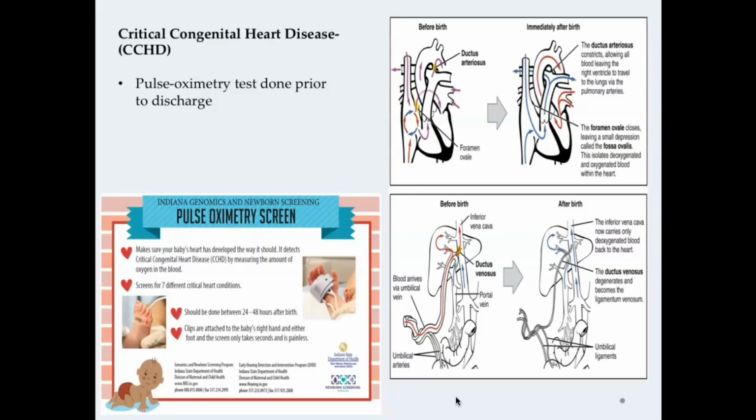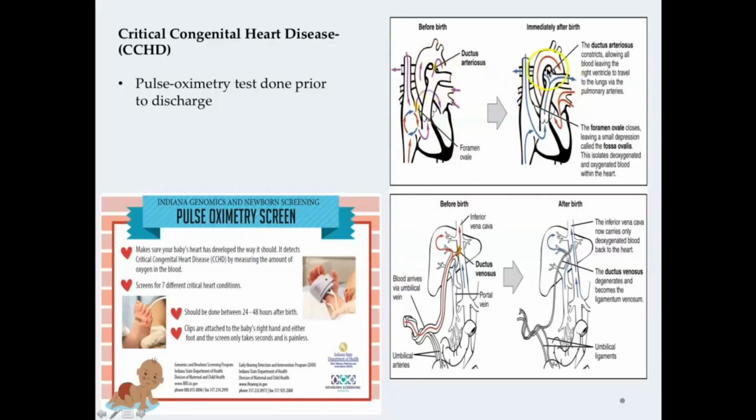So the PDA, when we're talking about the patent ductus arteriosus, and the foramen ovale and the ductus venosus, these are the ducts that close after delivery. Before birth, they're all open, and you can see here and here, they're all open, so blood flow is going through them.